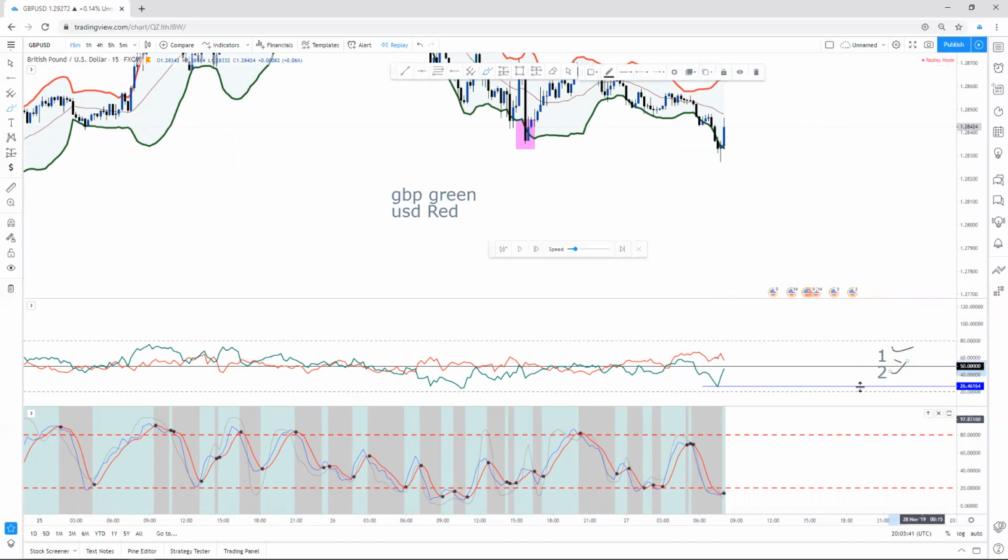Why do we have all the confirmation? Because green is facing up, red is facing down. And this is on a buy occasion. So when we're looking to buy, green needs to face up, red needs to face down. What that means is that the GBP, which is the first currency in this pair, is gaining strength.